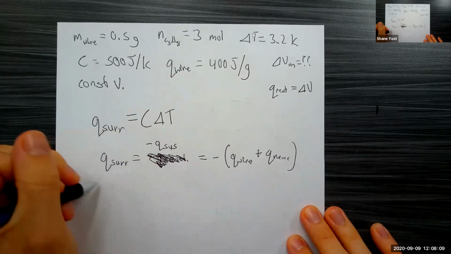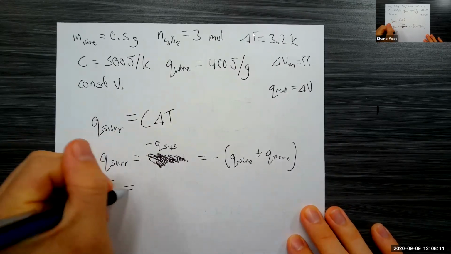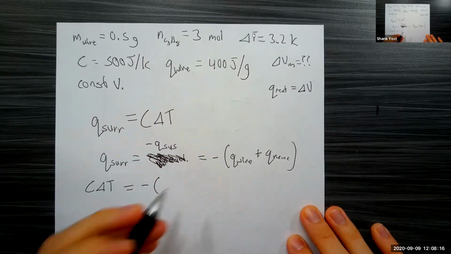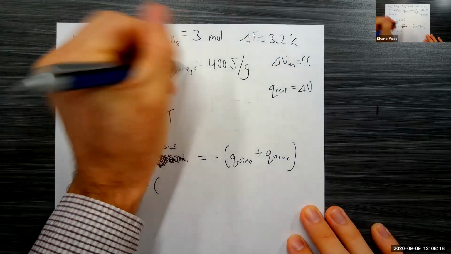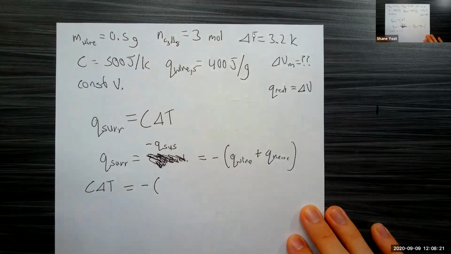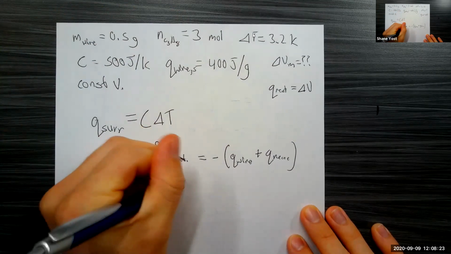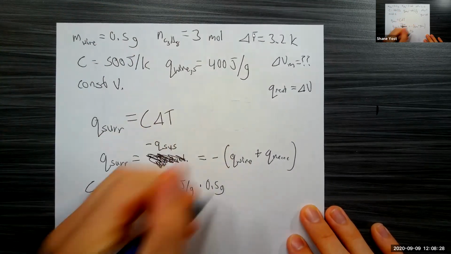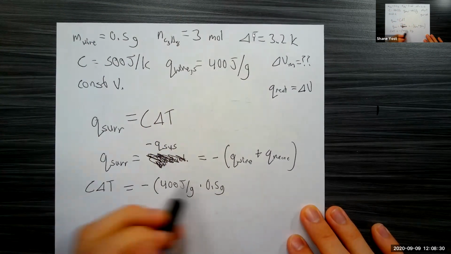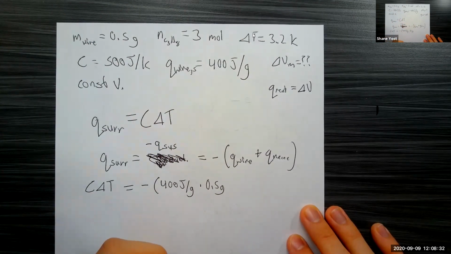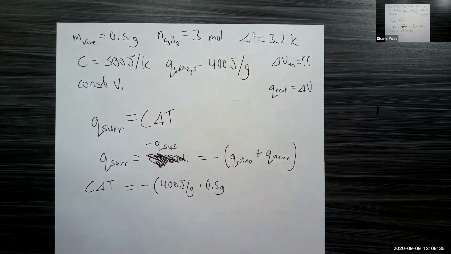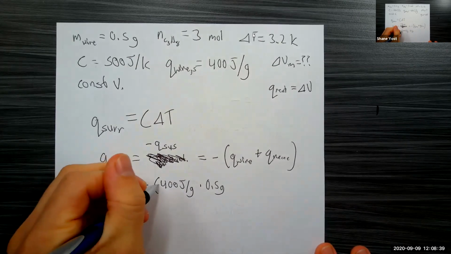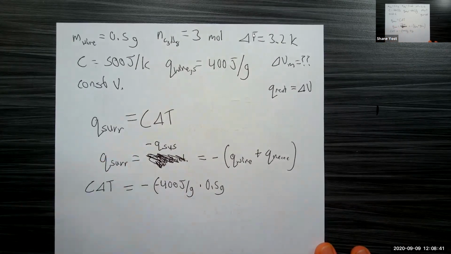And so Q surroundings is C delta T, then minus the heat for the wire. It's like the specific heat of the wire given up, 400 joules per gram, and I burned off 0.5 grams. So that's the heat given off by the wire. The wire is giving off that heat, so it should have a negative sign there.